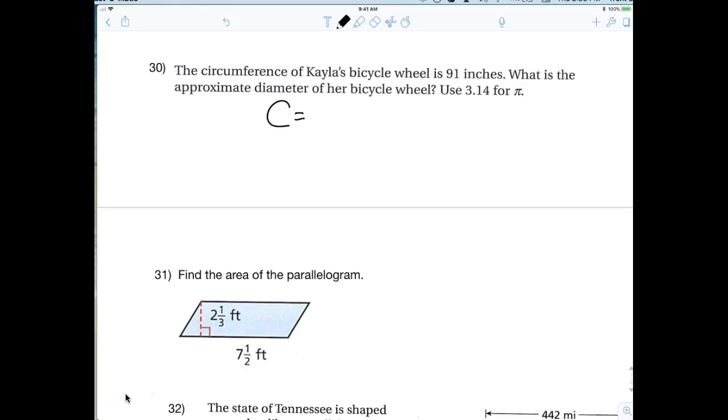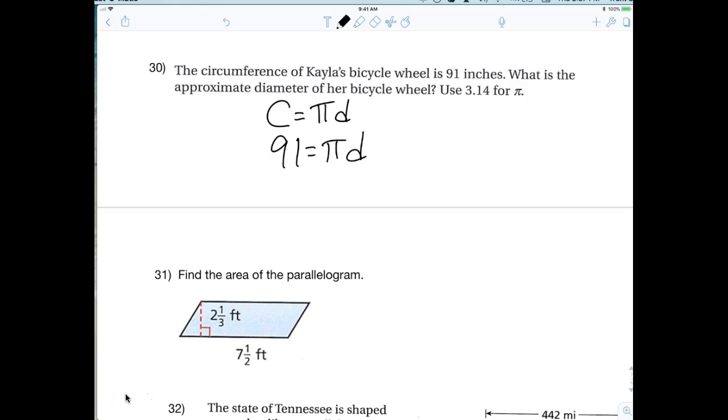Everybody should be able to tell me. Pi d. C equals pi d. So now, what is the circumference in the problem? Yes. So 91 equals pi times d.